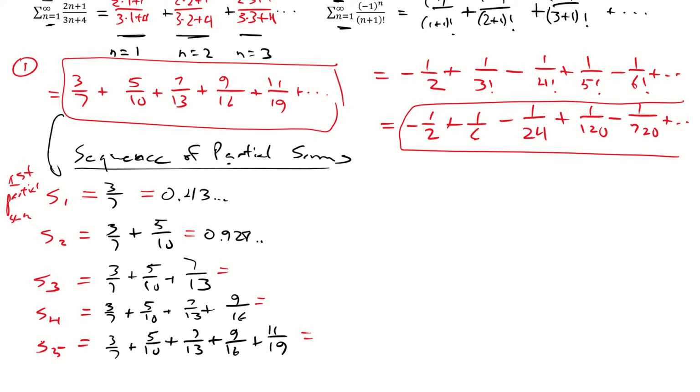The third one is 1.467. The next one is 2.03 roughly. And the next one is 2.608. Okay.